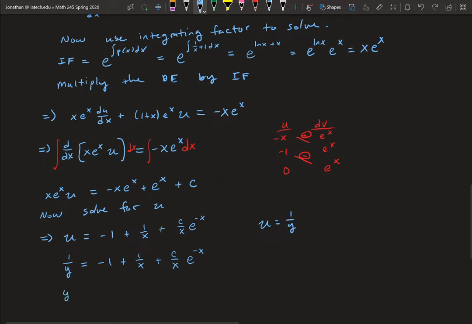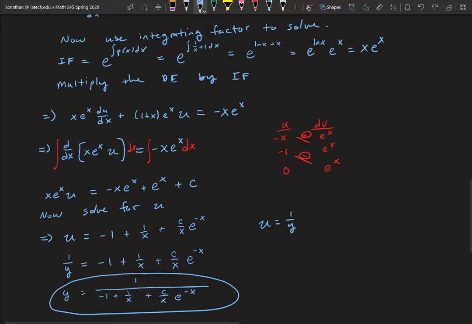So y is equal to the reciprocal, so 1 over negative 1 plus 1 over x plus c over x e to the negative x. And we don't have an initial condition. Actually, I probably would have solved for c earlier if I had an initial condition, but I don't have one. But yeah, that's the idea.